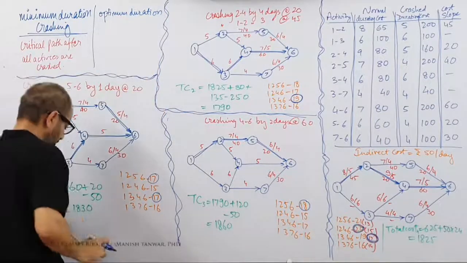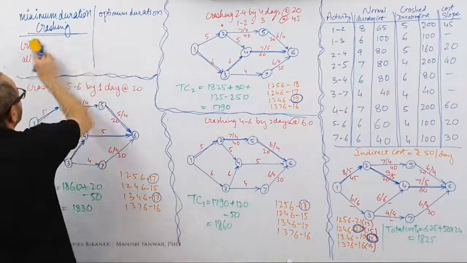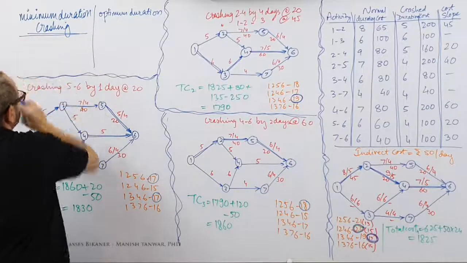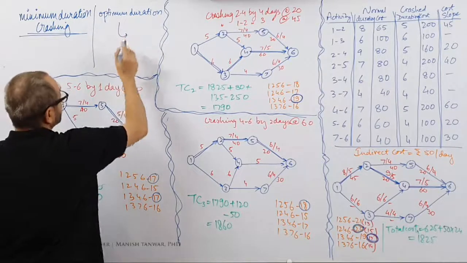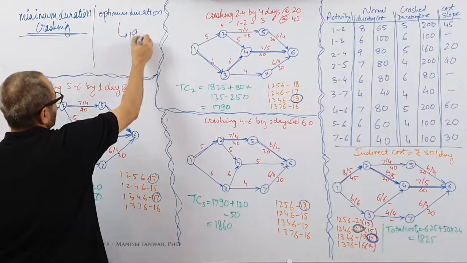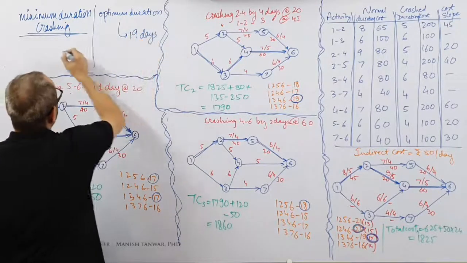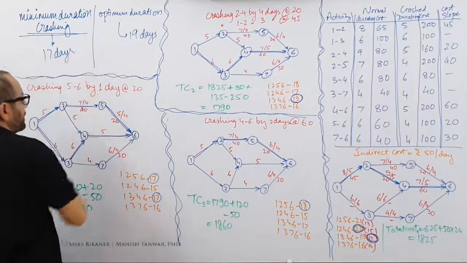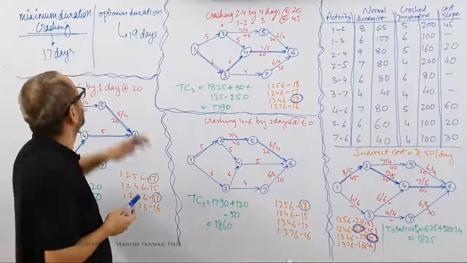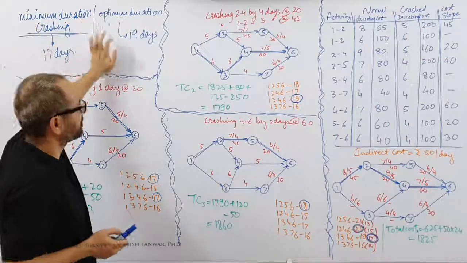This is minimum duration. In the previous question we did optimum duration. If we compare, this is optimum duration was 19 days. Well, this is 17 days. Minimum duration is 17 days, optimum duration was 19 days.